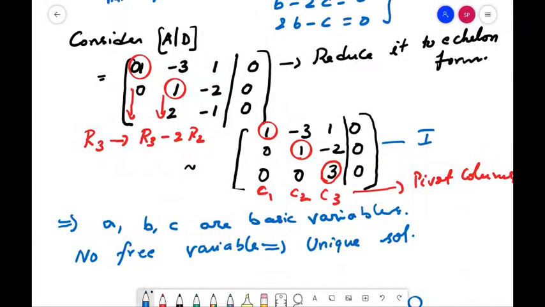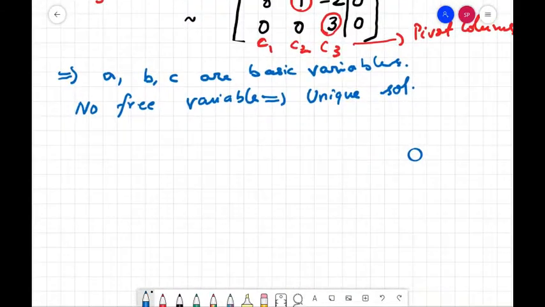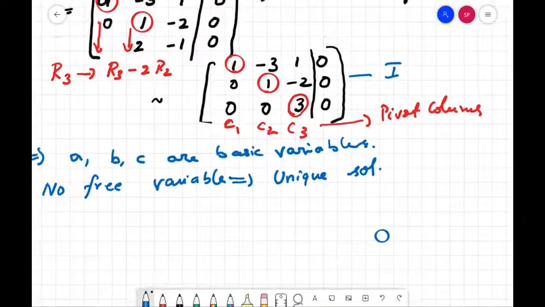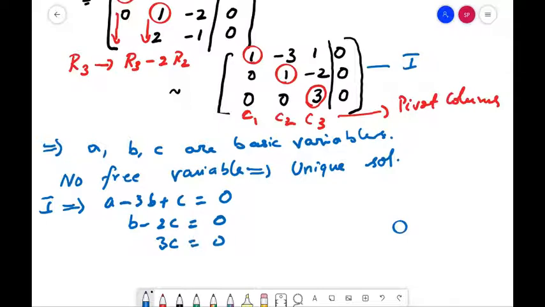Here you can check. So unique solution means only the zero solution, or you can even rewrite the equations: a minus 3b plus c is equal to 0, then b minus 2c is equal to 0, and 3c is equal to 0.